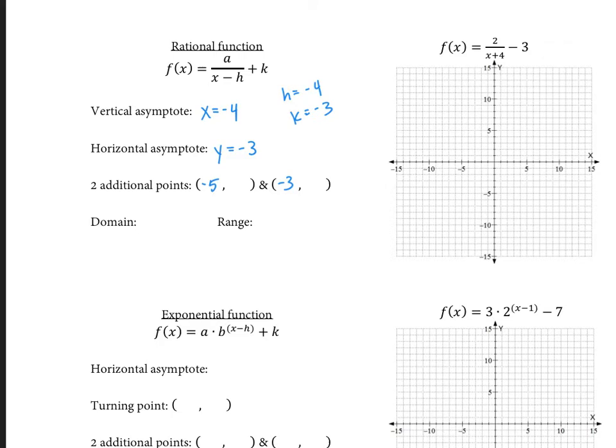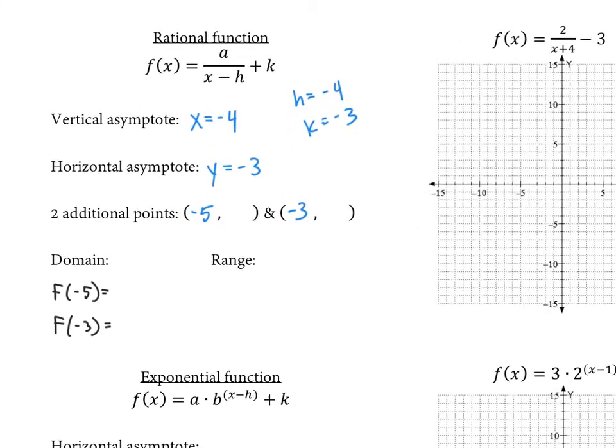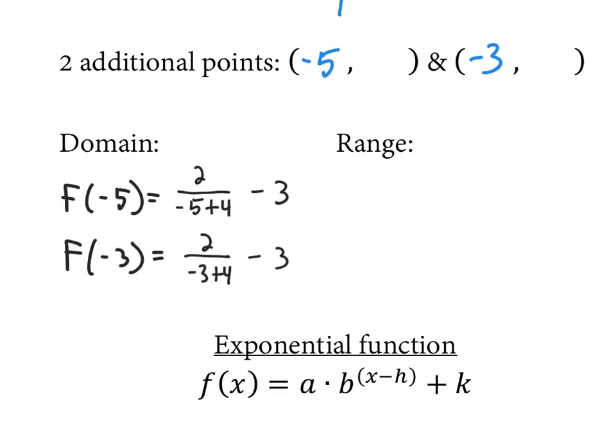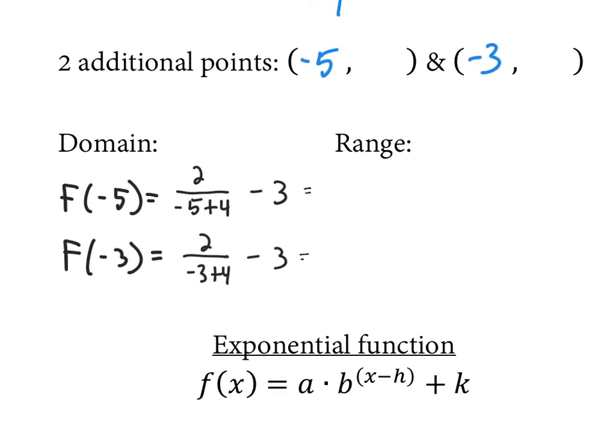Okay, so let's do that. So that's going to be 2 over negative 5 plus 4, and the other one will be 2 over negative 3 plus 4. Okay, so the first one, do the bottom first.